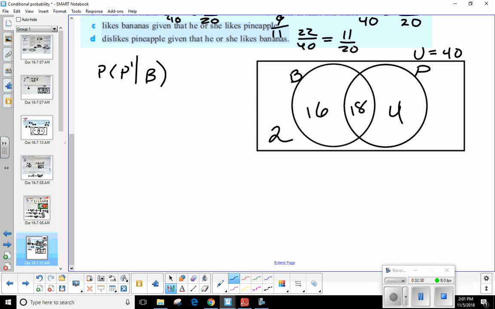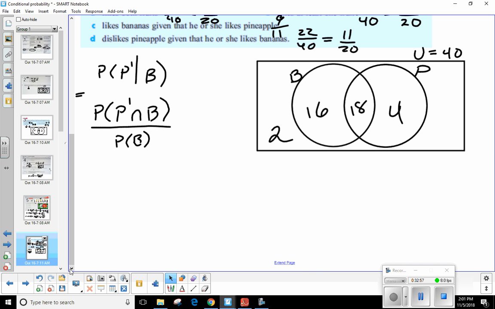So the formula, this would be the probability of the complement of liking pineapple, so disliking, intersecting with liking bananas, over the probability of what? Bananas. Always divide by the given probability. If we're looking over here, like I did before, the complement is everything outside the pineapple.